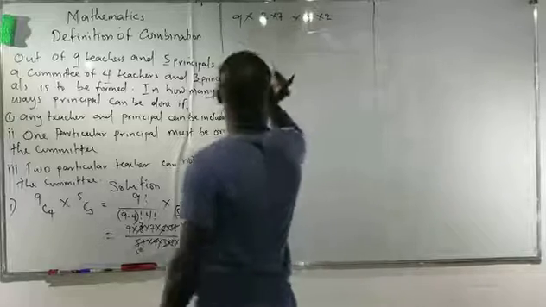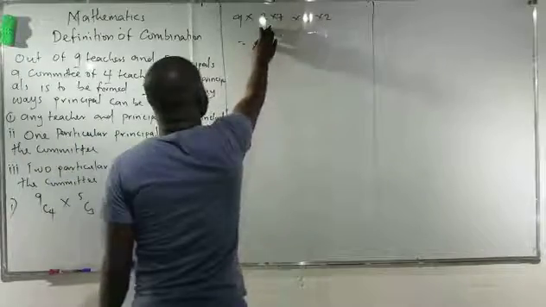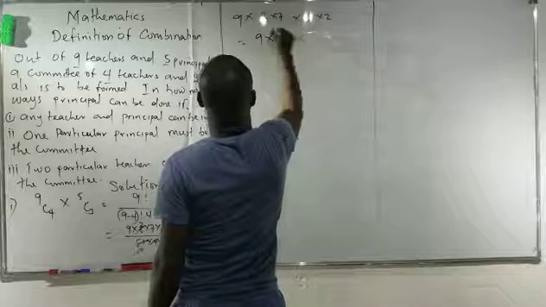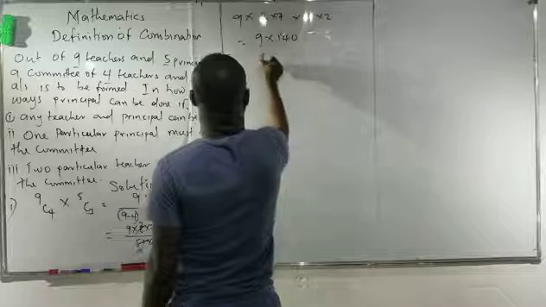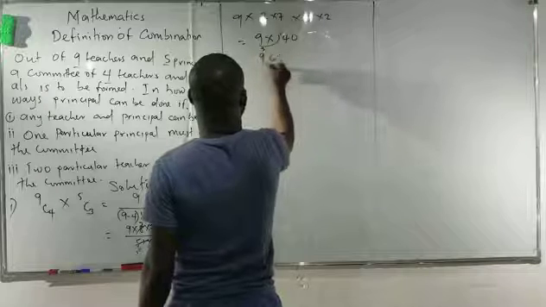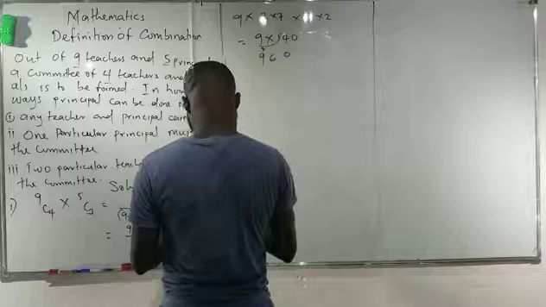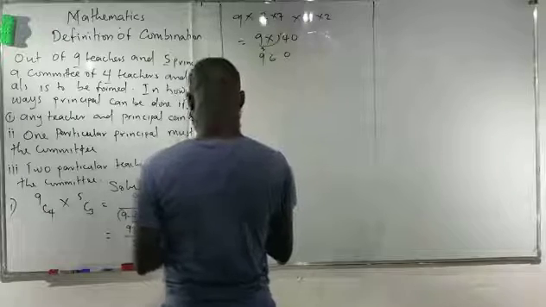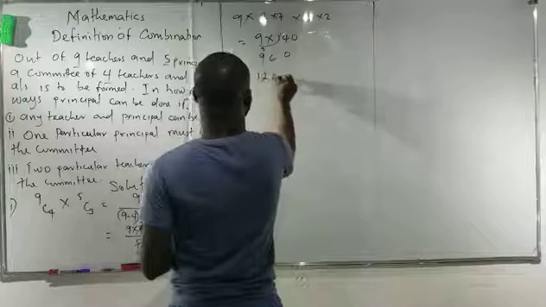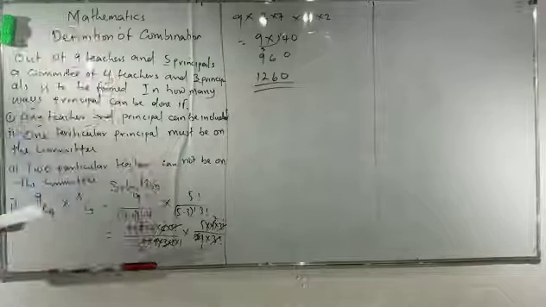When I do this, this one will be 10, this one will be 14, so 140. 140 times 9: 9 times 1 is 9, 9 times 4 is 36, and 0. If I'm not making a mistake, that will be 1260. That is just it. That is what we are talking about.